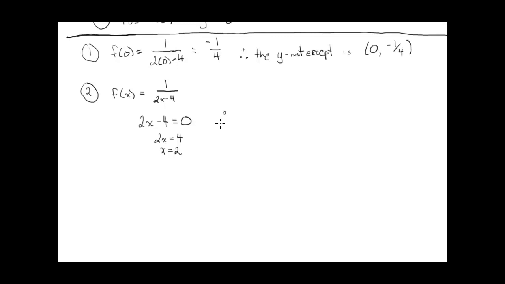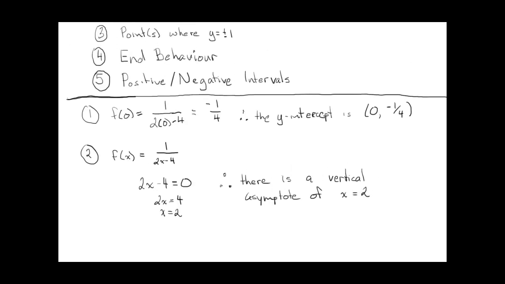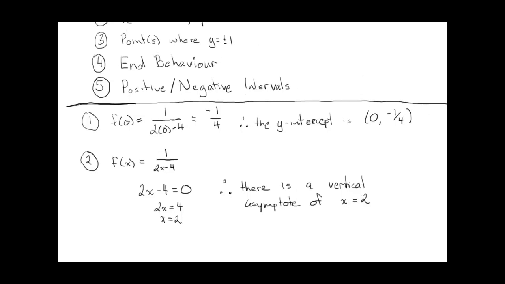Therefore, there is a vertical asymptote of x equals 2.